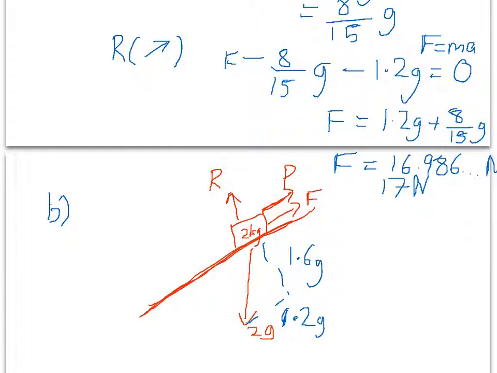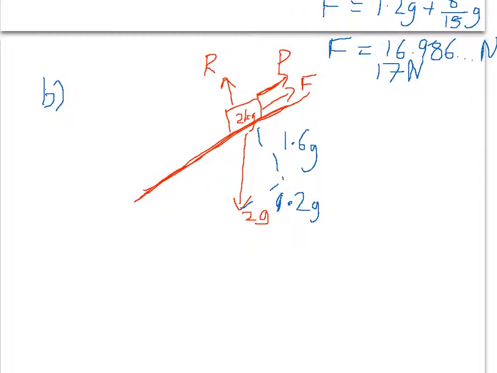Now, as the weight and the normal reaction are still the same, you're still going to have the same friction max. So the friction max is still going to be 8/15 times gravity. Now we can just find the forces acting up the slope, and we should find out what the P is equal to.